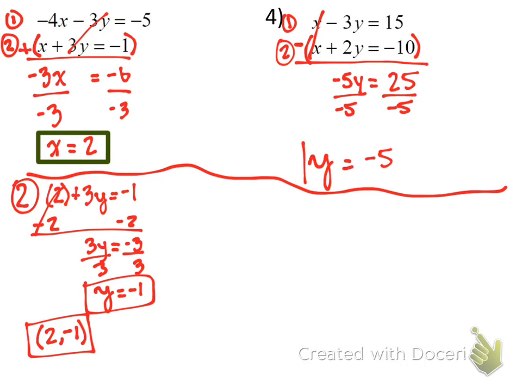Okay? Next step, you're going to substitute. Which one are we going to substitute into? Equation 1 or 2? Okay, let's do equation 2. So start with equation 2. And we write x. Instead of y, we're going to write negative 5.